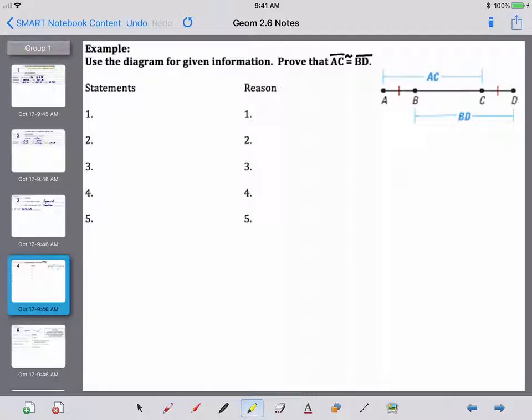Well, if you look at the picture to the right here, you've got this little tick mark on AB and on CD. So what that tells you is that segment AB is congruent to segment CD. All right, and that's just given in the picture. So our reason for that, it's just given. We don't really need a reason other than that.